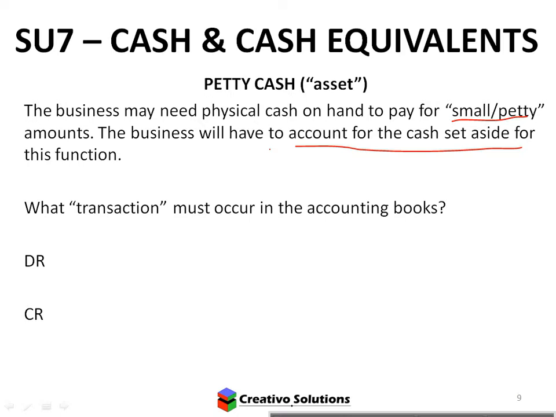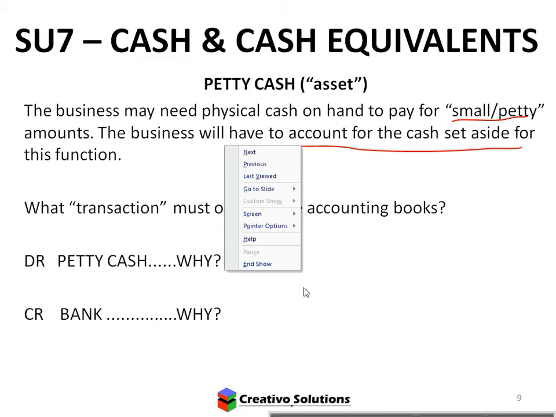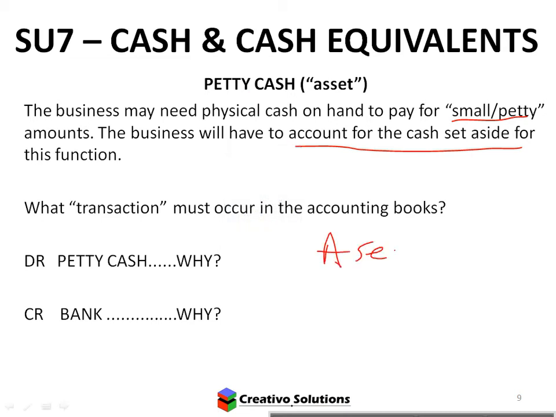On the credit side. So you're going to be creating petty cash by debiting the petty cash because you have an asset that's increasing, and you're going to credit the bank because you have an asset that's decreasing. See, that's why we're debiting and crediting those accounts.